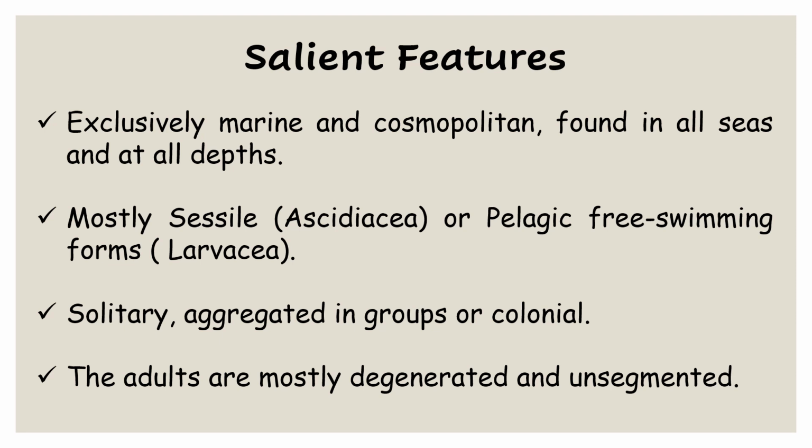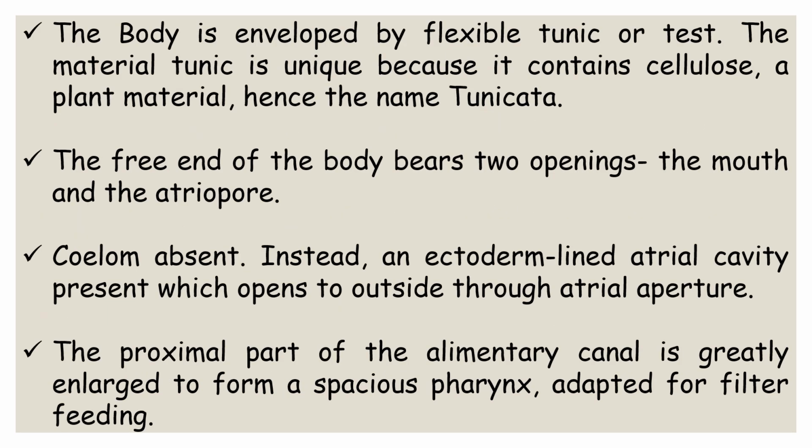The adults are mostly degenerated and unsegmented. The body is enveloped by a flexible tunic or test. This is a very unique character in the kingdom Animalia, because this test or tunic contains cellulose, which is a plant material, and hence they are named tunicata.